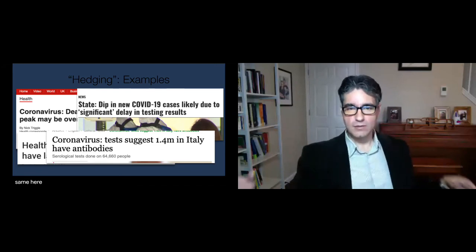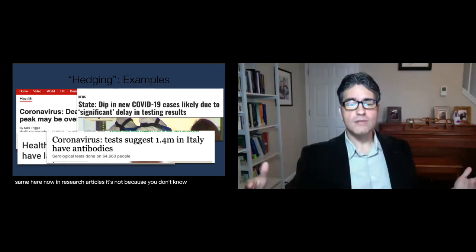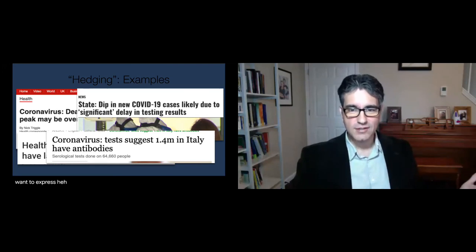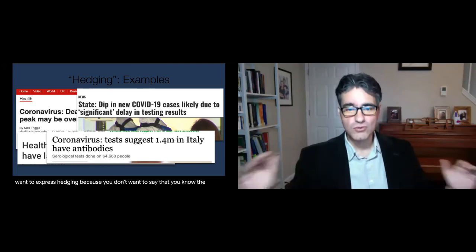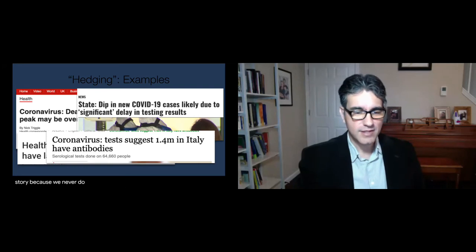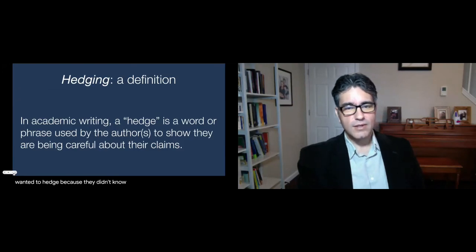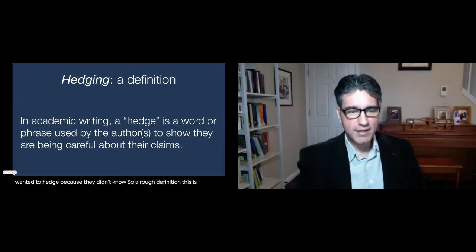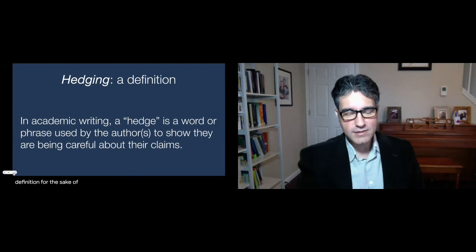Now, in research articles, it's not because you don't know, but you want to express hedging because you don't want to say that you know the whole story, because we never do in science. Just like in the early days of the pandemic, they wanted to hedge because they didn't know. So a rough definition, this is just my definition for the sake of this talk here.